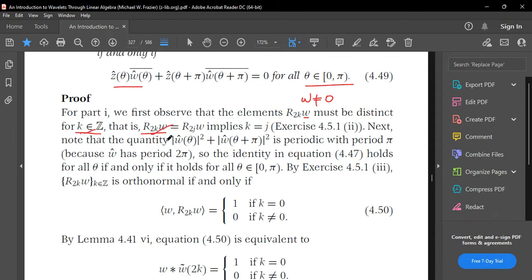That is, for each k we will get R2kw as another element, not the same element that we have produced. That is, if for two indices k and j the elements R2kw and R2jw are equal, then we can say that k is equal to j.